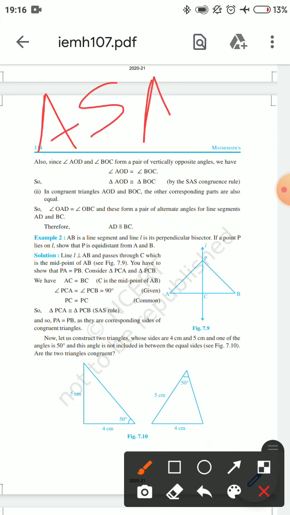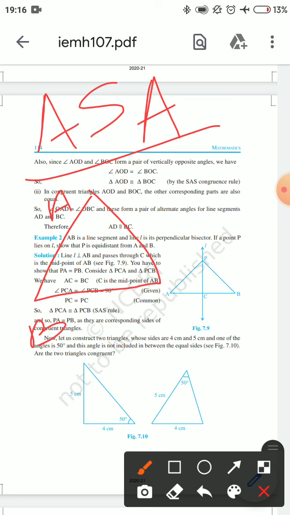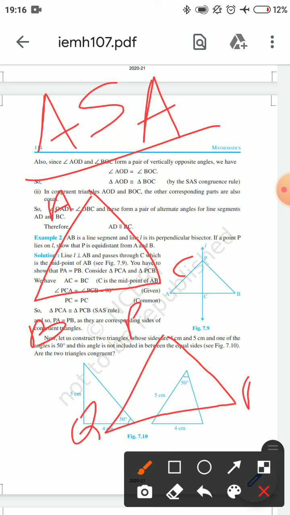Our another criteria for congruency is ASA congruency, angle side angle congruency, right? So according to this rule, two triangles, again let us take triangle ABC and triangle PQR, right?